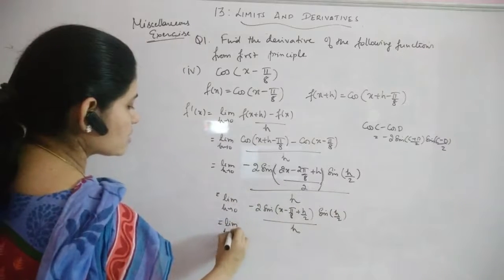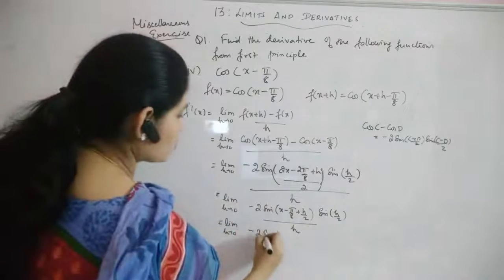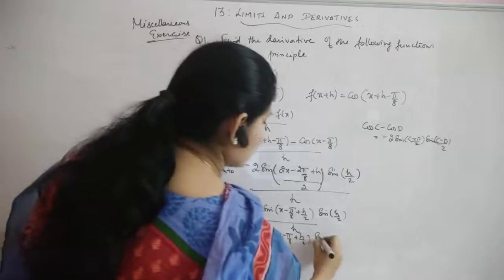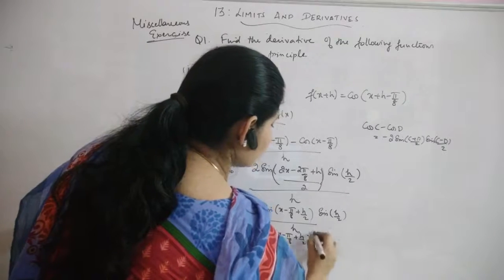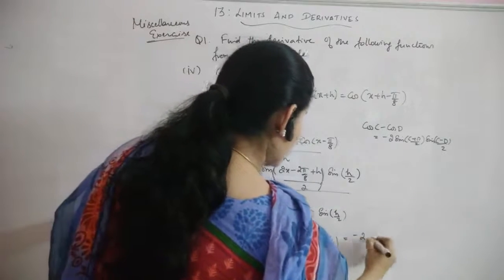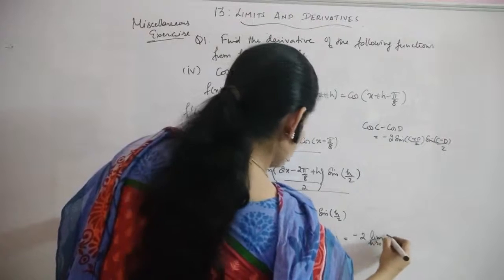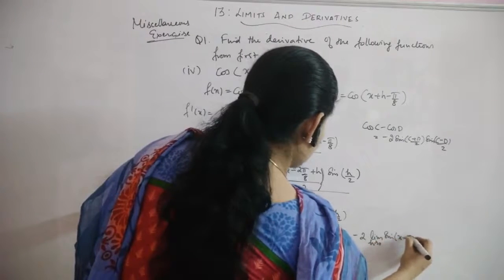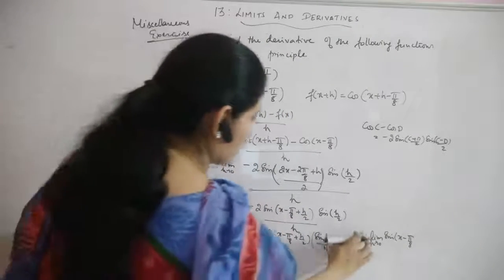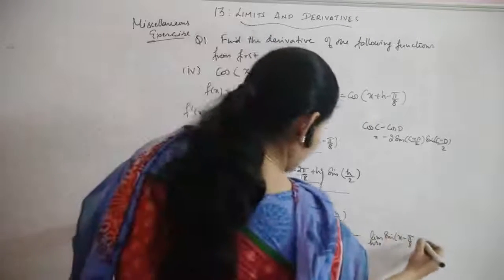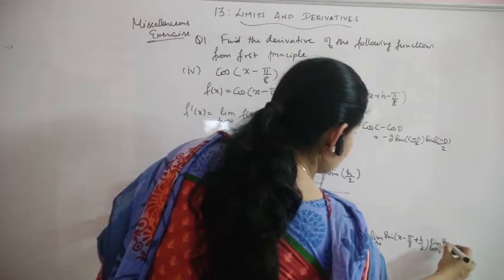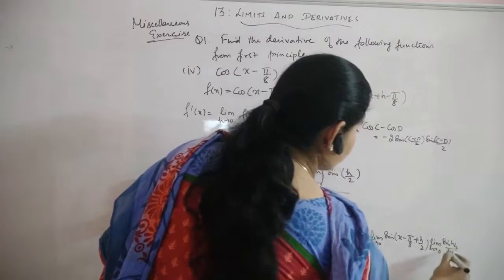So limit h tends to 0, minus 2 sine of x minus pi by 8 plus h by 2, into sine h by 2 by h by 2. Giving the limit separately, you will get minus limit h tends to 0 sine of x minus pi by 8 plus h by 2, into limit h tends to 0 sine h by 2 by h by 2.